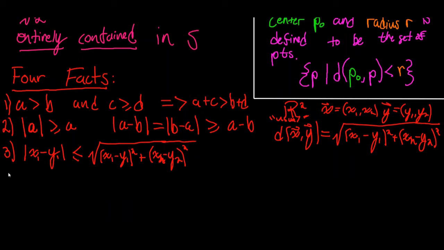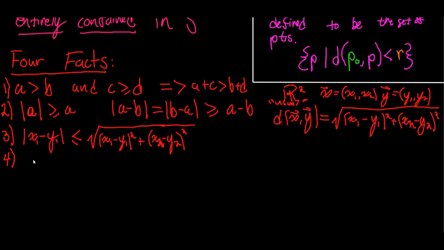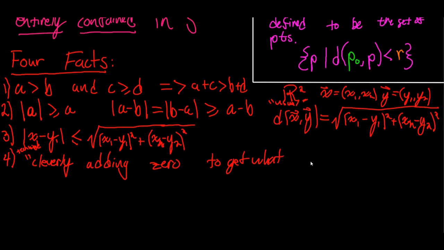And the fourth fact, and you'll see what I mean by this in a second, really isn't a fact, it's more of a technique. It's the technique of cleverly adding 0 to get what we want. And you'll see what I mean by that in a second.